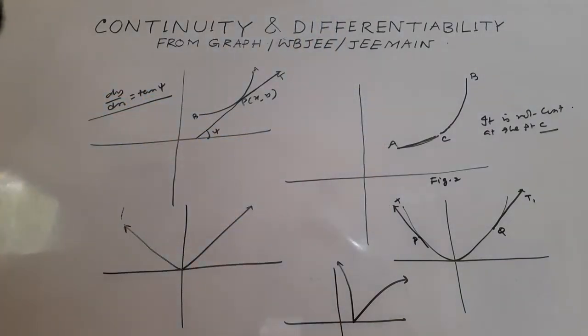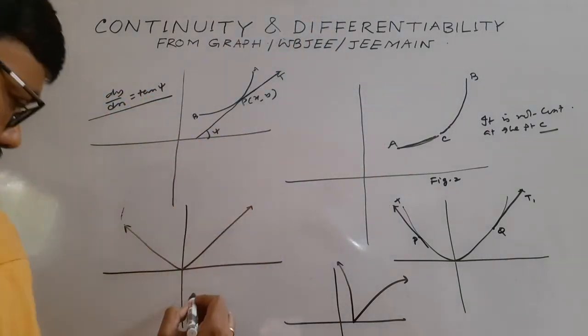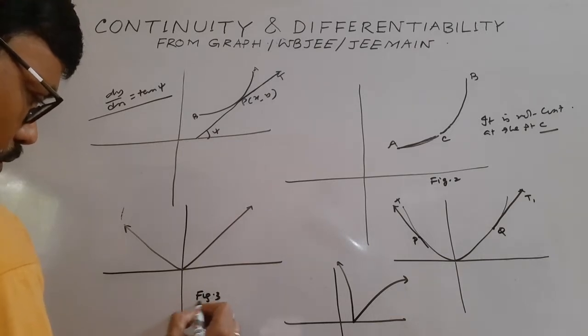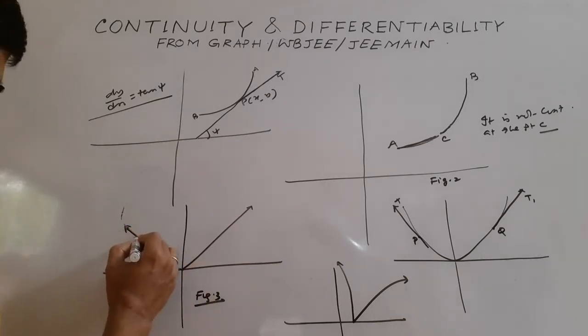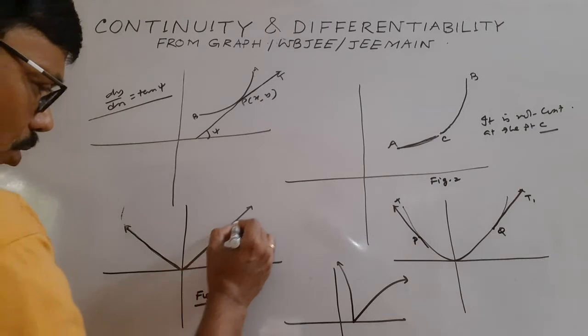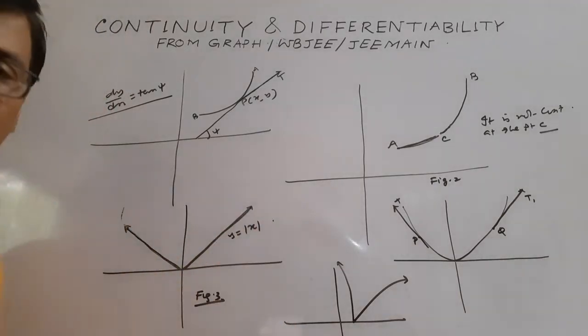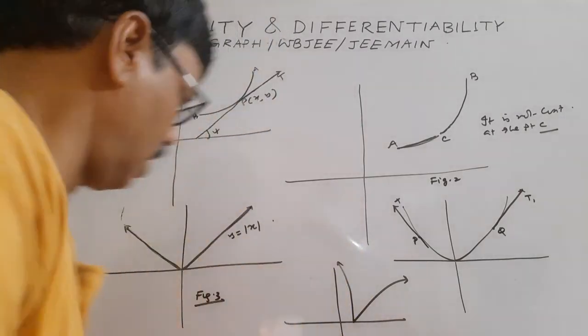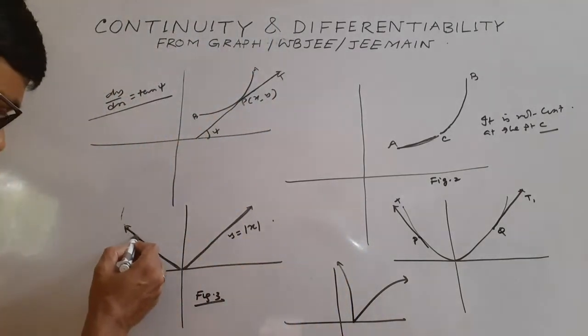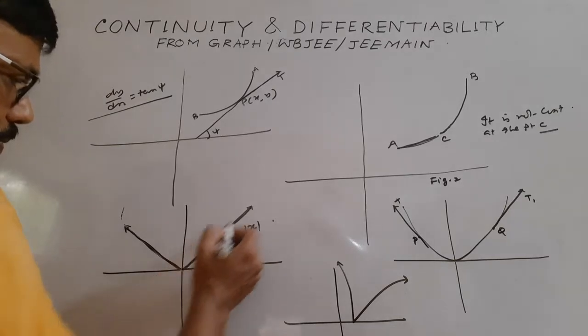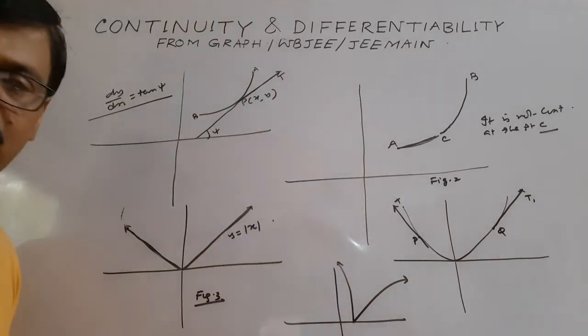But look at figure 3. This is a well-known graph. All of you know it. This is y equals mod x. Look, it can be sketched without lifting the pen. So it is continuous.